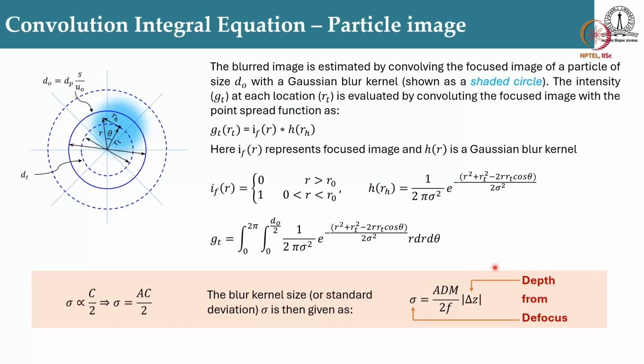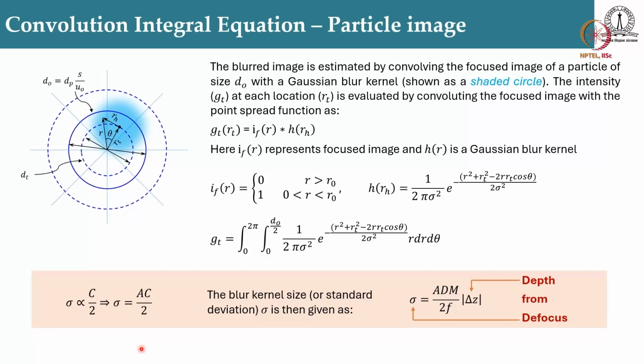As we have seen while defining the Gaussian blur kernel, we can approximate the standard deviation of the blur kernel with the blur circle radius. So we have put a proportionality sign here correlating both, and we can then have an experimental constant capital A, which will be dependent on a lot of factors, and some of them might not be deducible from theory.